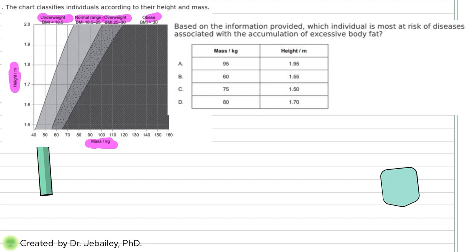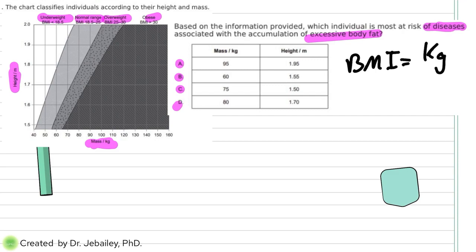So we have to find here and see which one of these four individuals is likely to have disease because they have a lot of fat. That means what I have to do is calculate their BMI, which is, again, the kilograms divided by the meters squared.